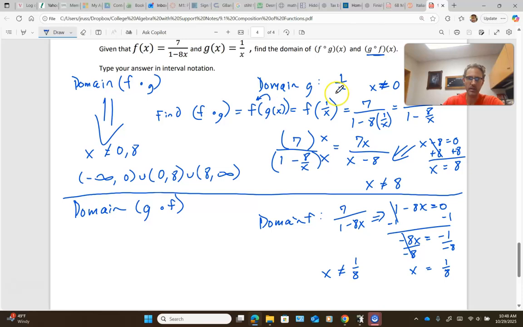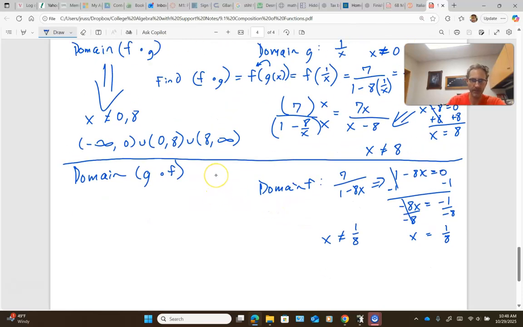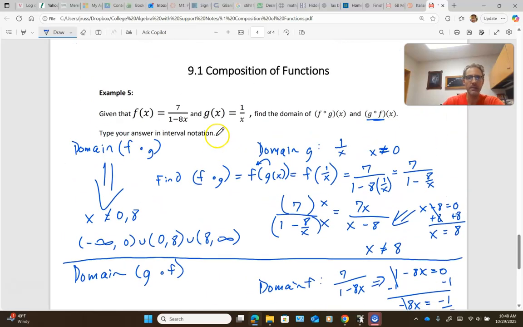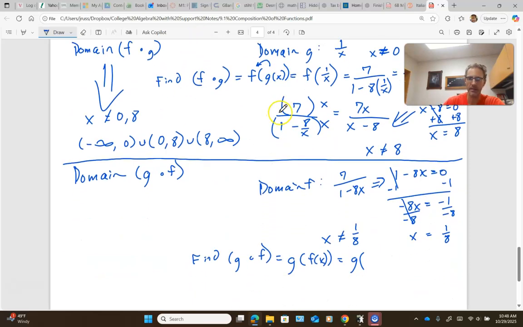Alright, so now, just like the last one, we need to actually find the composition. So we're going to, again, find G composed of F. Okay? So this will be G of F. In other words, we're just plugging F into G. So G of F in this case, well, we just saw it, it's 7 over 1 minus 8x.